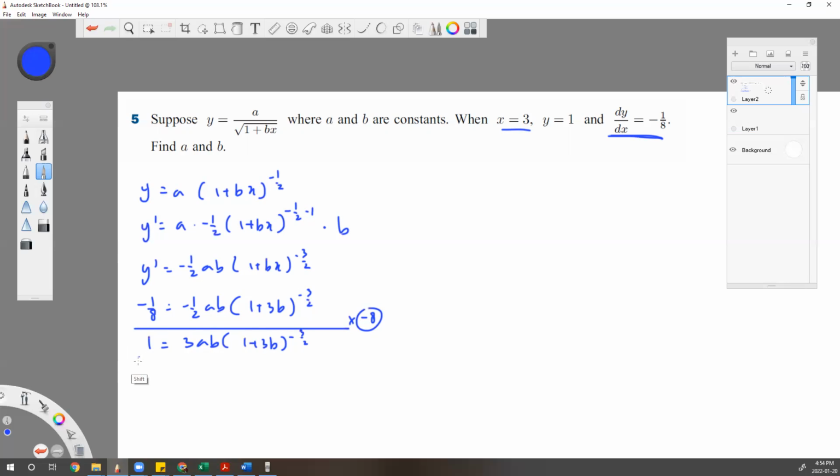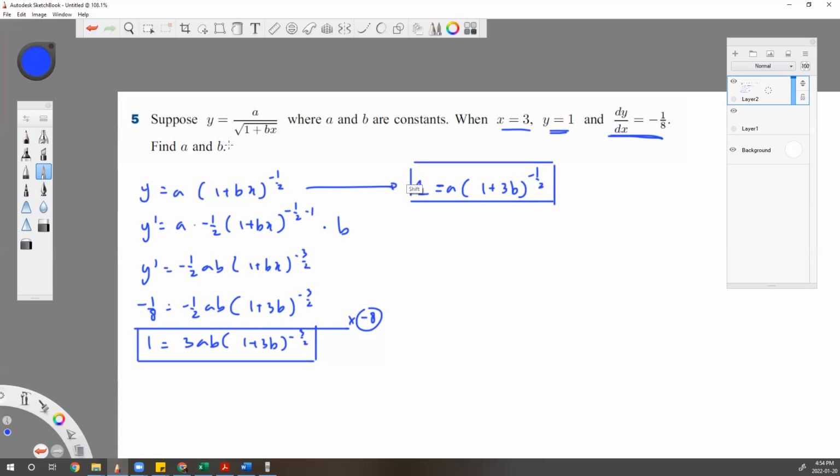After we do this, we don't have the clue yet. We use the y itself, y equals 1. So put it here: 1 equals a(1 plus 3b) to the power negative half. Oh man, this is 1 also, right? Tedra, look at this.